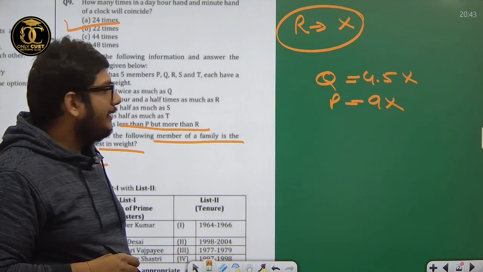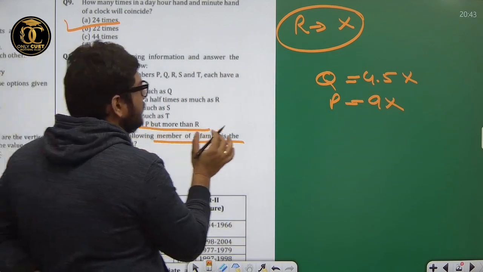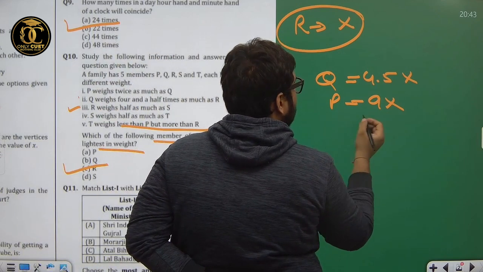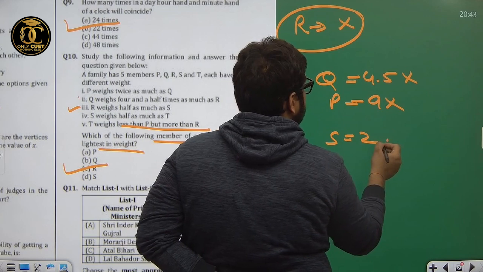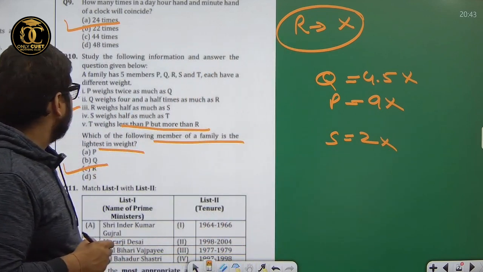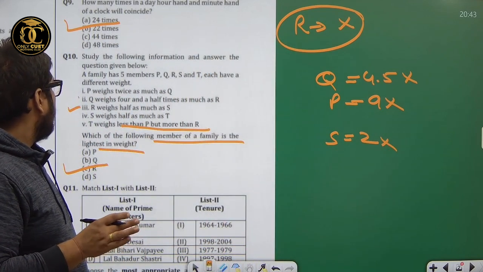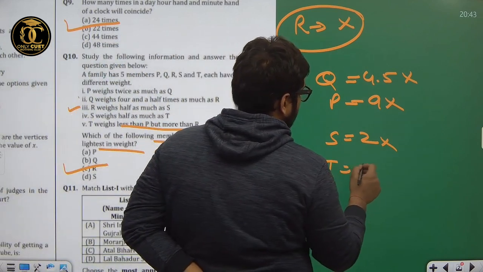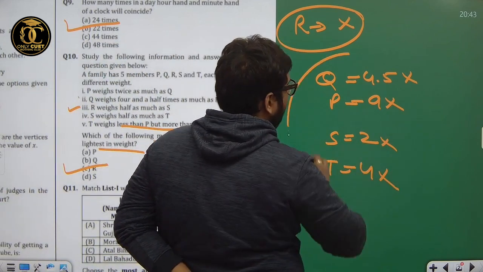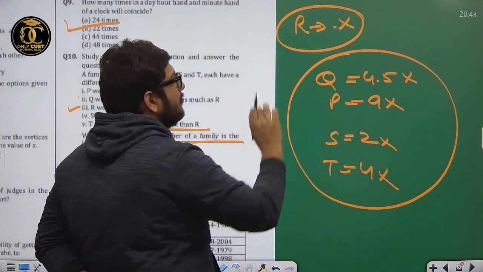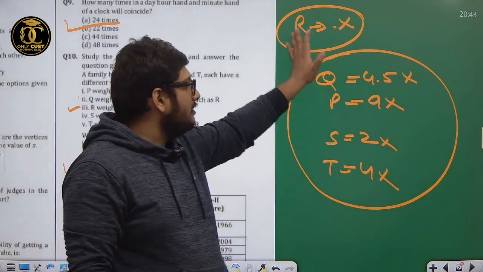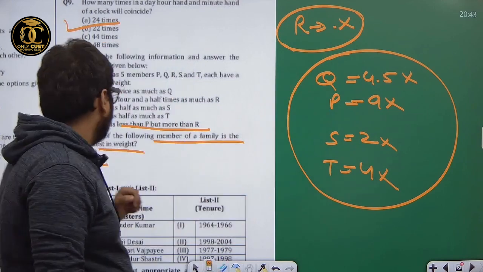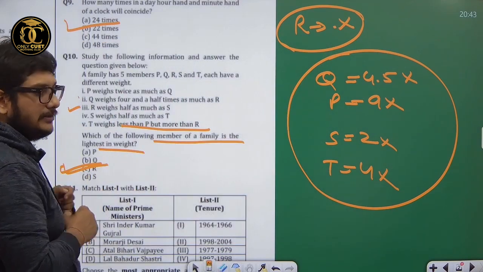And R is already X. Now R weighs half as much as S, that is, S is equal to 2X. S weighs half as much as T, so T turns out to be 4X. I have got everyone's weight with respect to R. Now everyone is more than R, so the correct answer is lightest is R. So C is the correct answer.